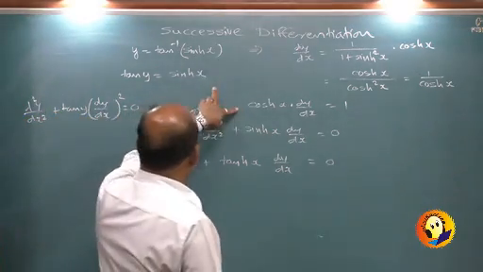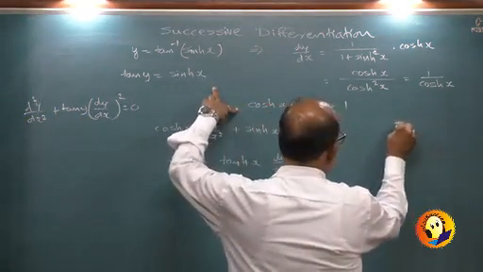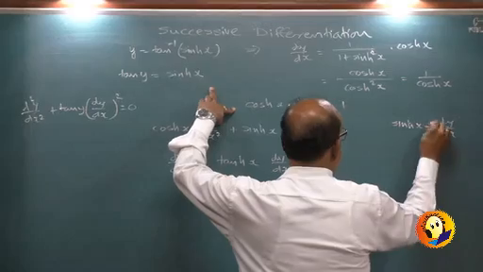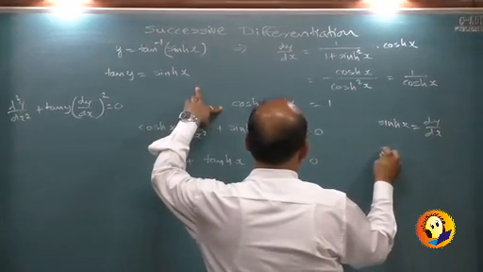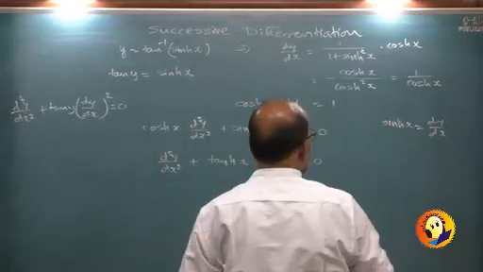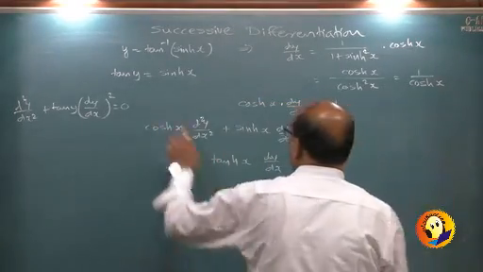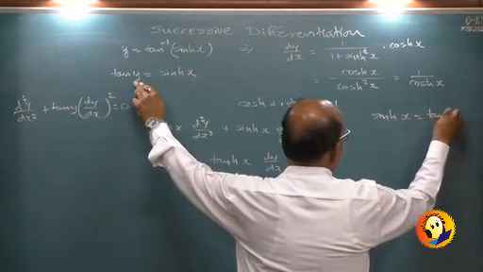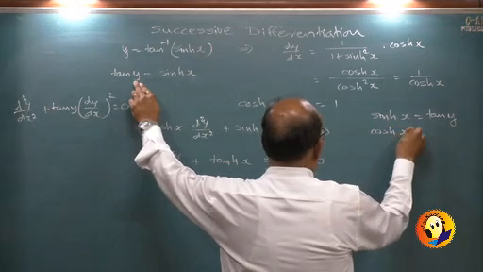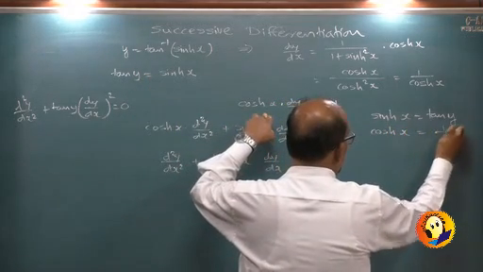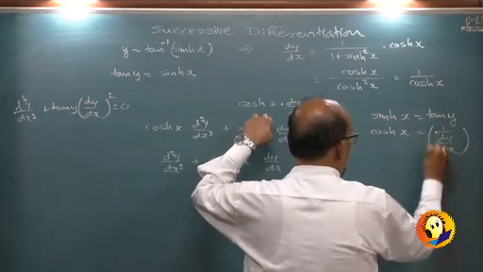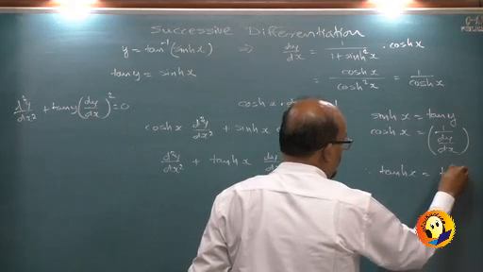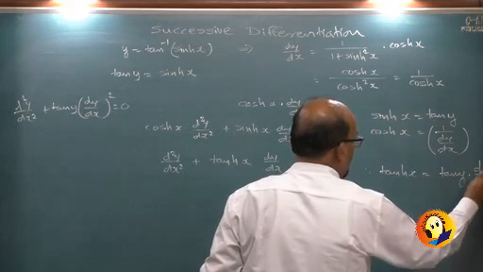And using these two, we know that from here sin x is equal to tan y and cos x from here is 1 upon dy by dx, and therefore tan x is tan y dy by dx.